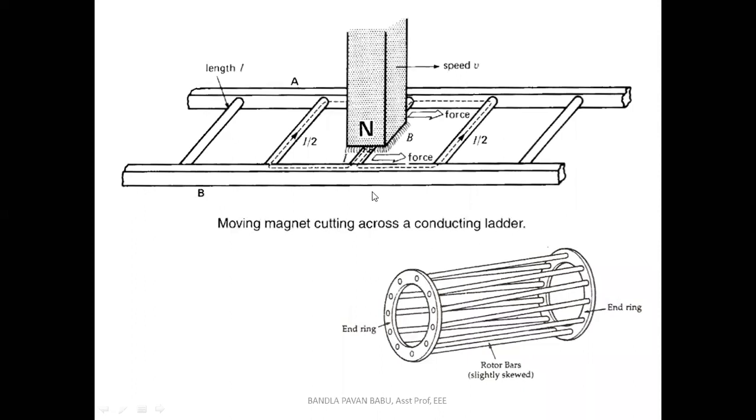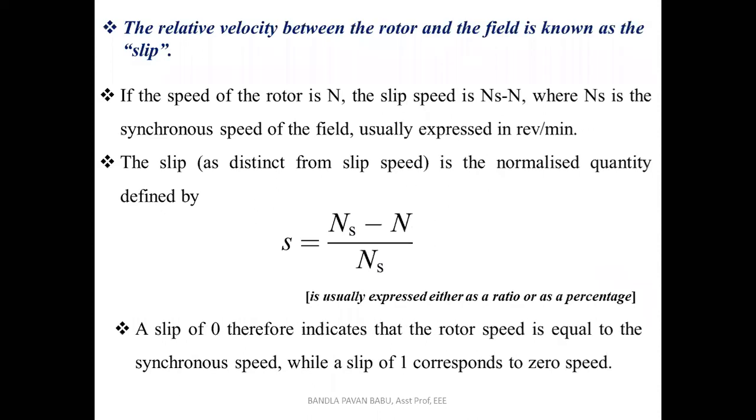Finally, what we conclude about slip is this: the relative velocity between the rotor and the field is known as the slip. I repeat once again, the relative velocity between the rotor and the field is known as the slip.